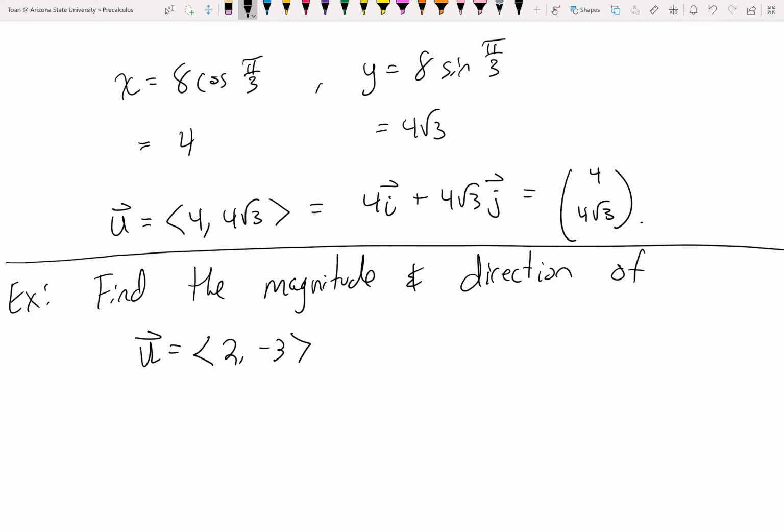Right off the bat, I know that 2 and negative 3 are not special values, so we're most likely going to have to use a calculator here. So let me go ahead and grab a calculator really quickly to be prepared. Alrighty.